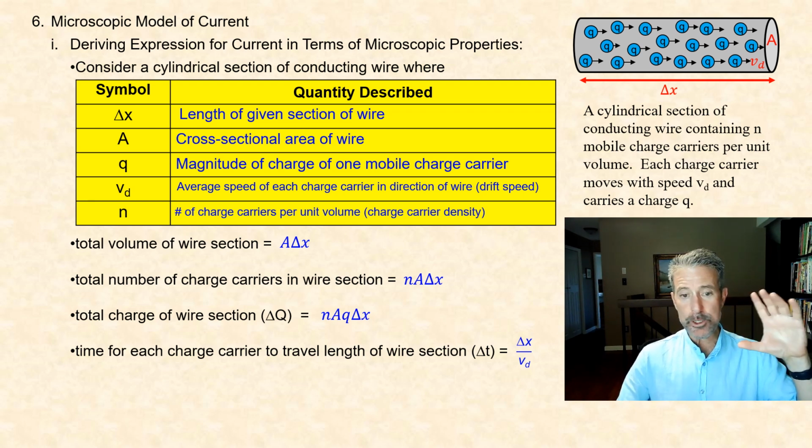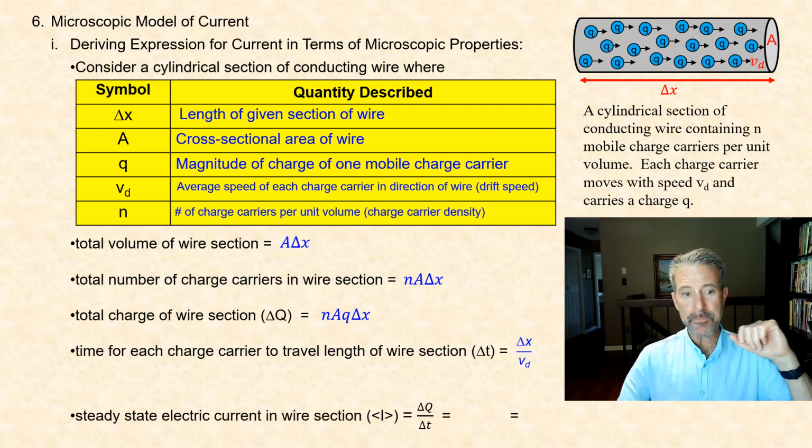So now we're in a position to use these microscopic variables to get an expression for the current. Remember, we said that the steady state electric current, where we're assuming that these charge carriers are moving at a constant speed, is simply the total charge passing a given cross-section per unit time. We take our expression for total charge, that is N A q delta x, divided by our microscopic expression for total time.